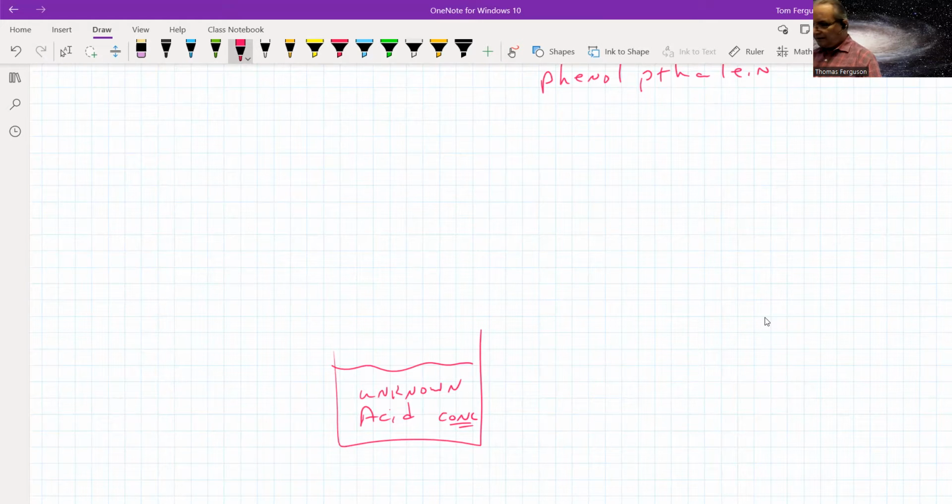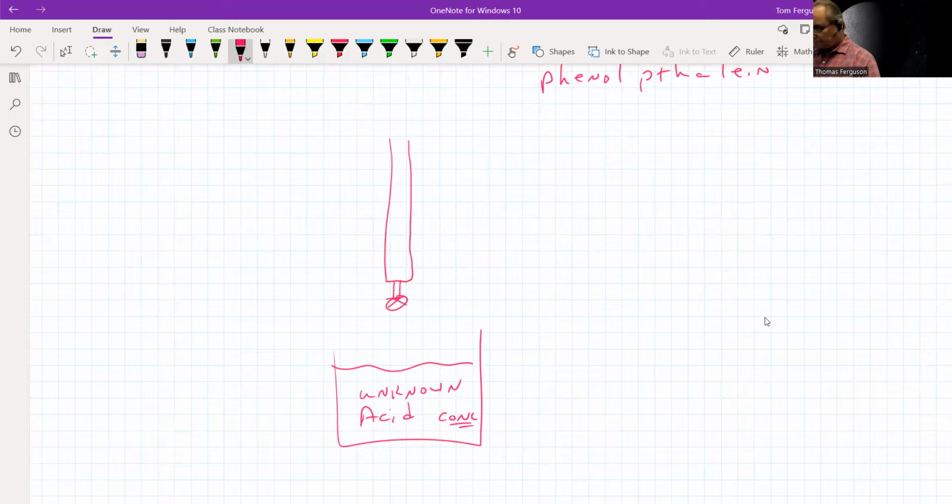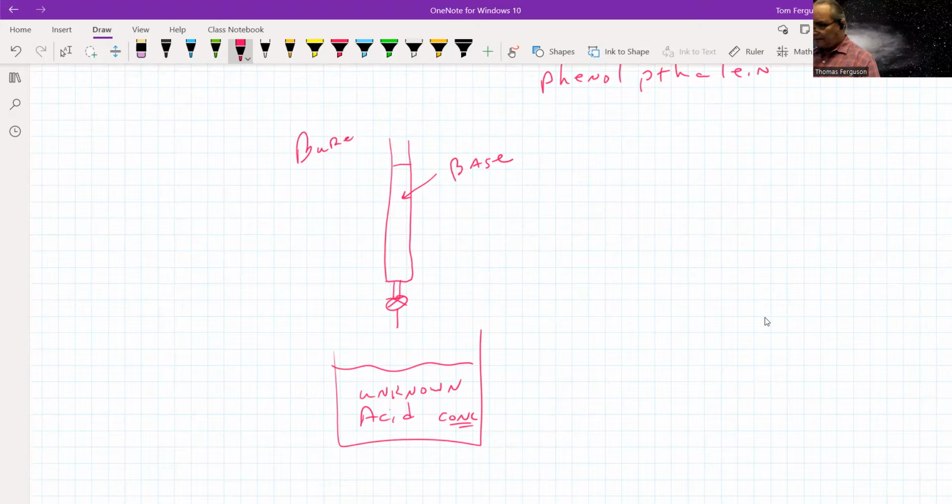And what we do is we're using a burette. The burette contains some kind of a base. And then we drop the base into the acid until it's exactly neutralized.